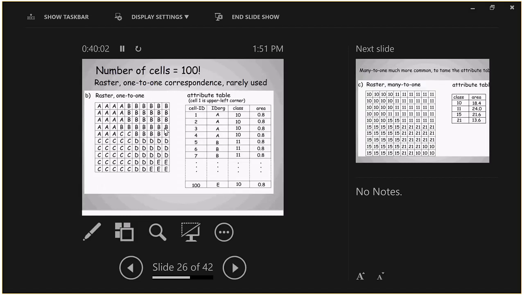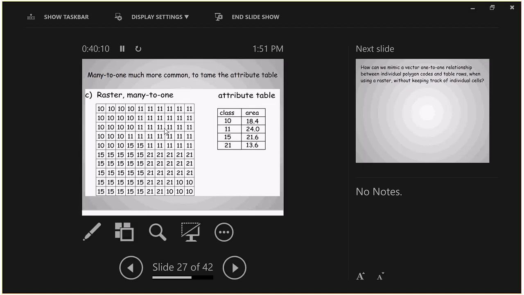Okay. So that's actually not the way the attribute table would look. In most GIS systems, it'll actually look like this, where you'll have a number that represents, in the attribute table, one row for each unique value.